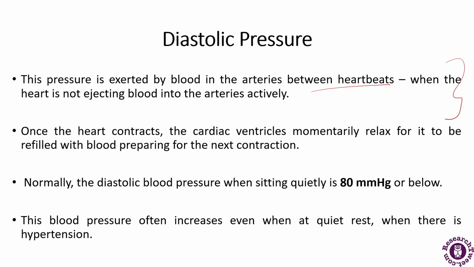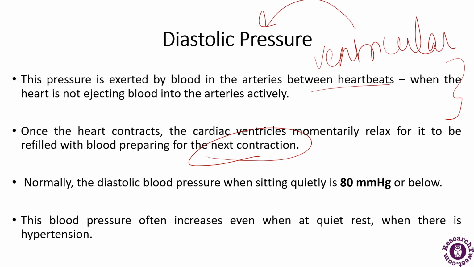Once the heart contracts, the cardiac ventricles momentarily relax and get refilled with blood, preparing for the next contraction. This phase of ventricular relaxation is known as the diastolic pressure.